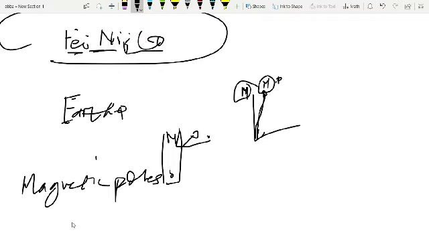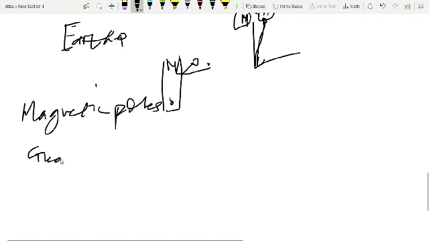The magnetic poles are your north pole and your south pole, and we have the geographic poles. These ones we are not necessarily going to get deeper into, but we need to know that the Earth has two north poles and two south poles, the geographic poles and the magnetic poles, right? That's what we need to know for now.